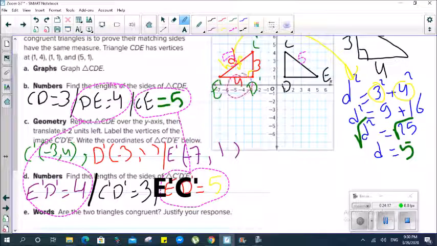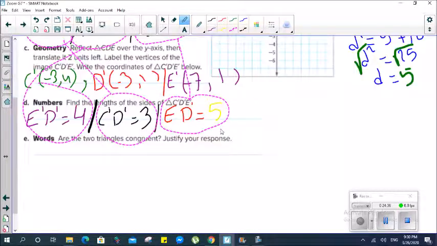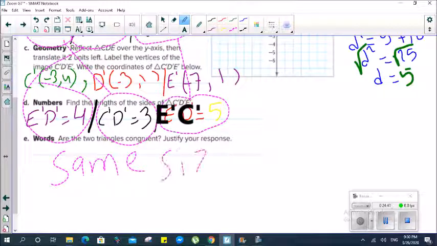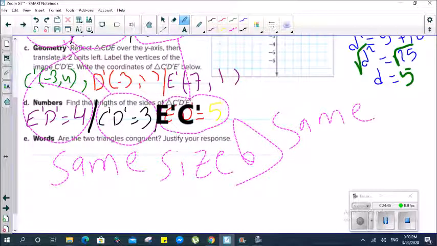Also, CD is 3, C prime, D prime is also 3. 3 and 3. Same size. Because same size and same shape, they are congruent. Okay? Thank you.